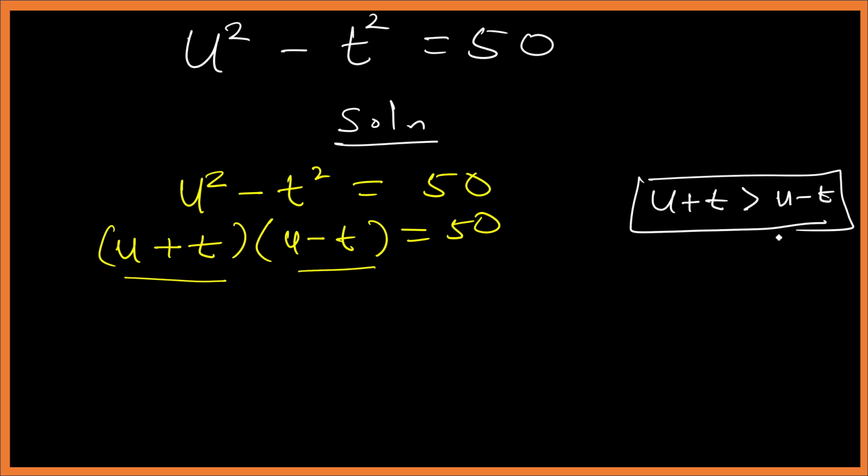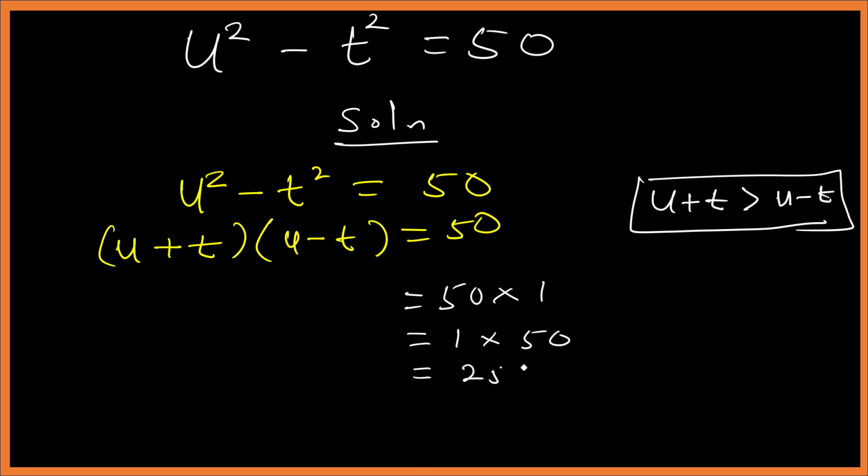Now, we can recall here that 50 can be written as 50 times 1, or 1 times 50, or 25 times 2, or 2 times 25, or 10 times 5, or 5 times 10.